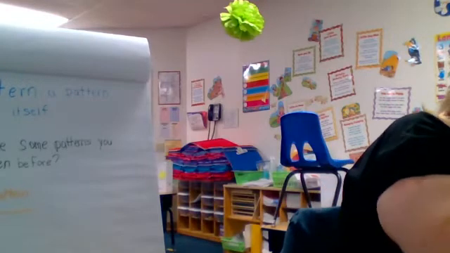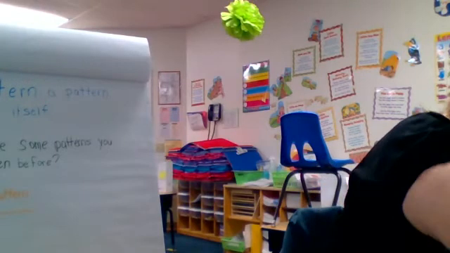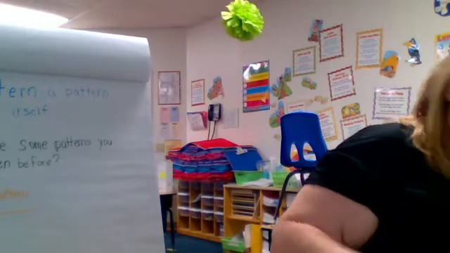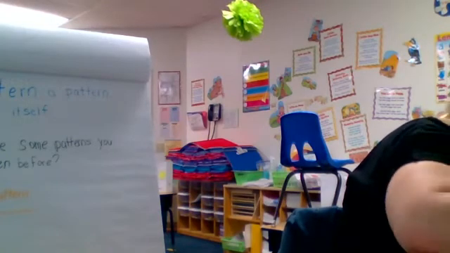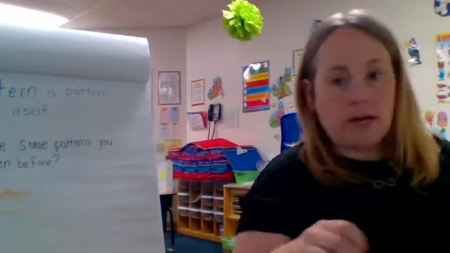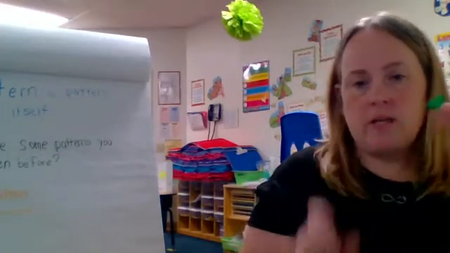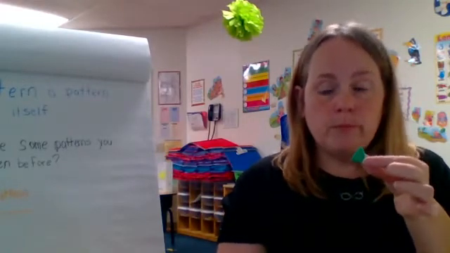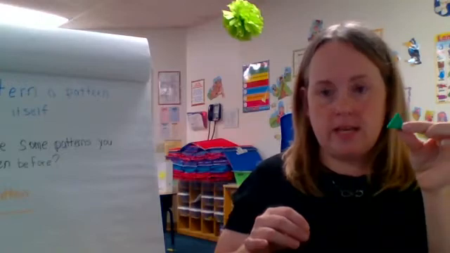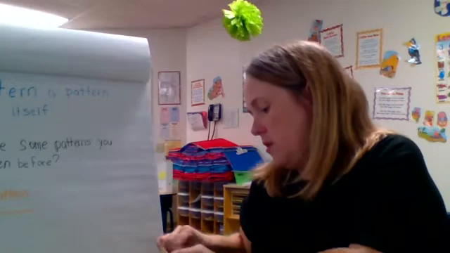All right, so here is my pattern. So I'm going to lay it out this way. Okay, boys and girls, the first shape in my pattern is a triangle. And this triangle is facing upright. Okay, so we have an upright triangle.